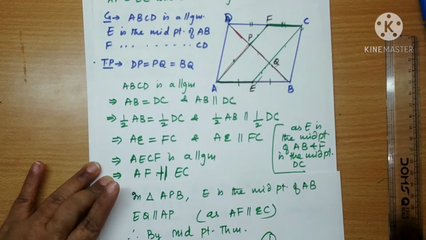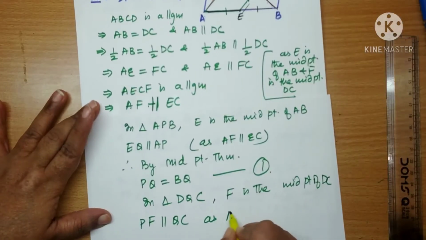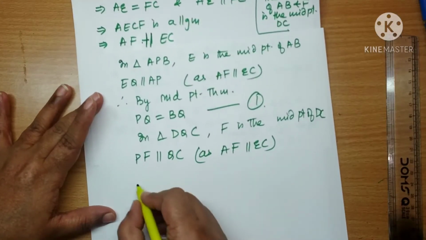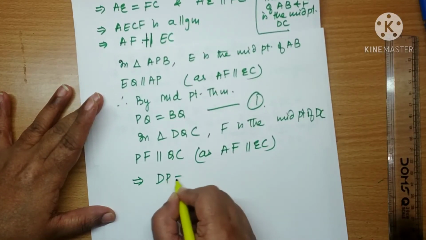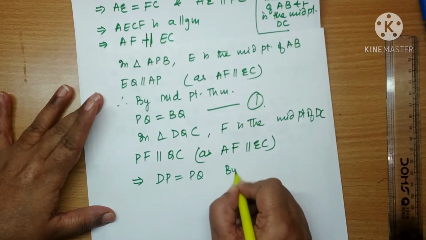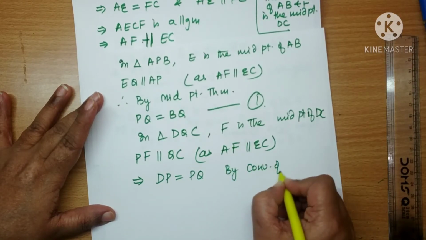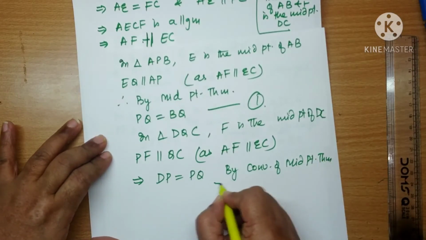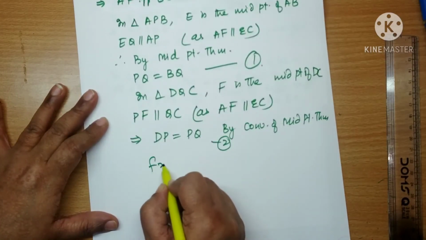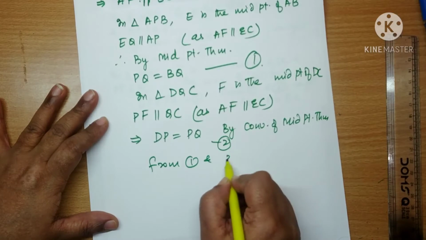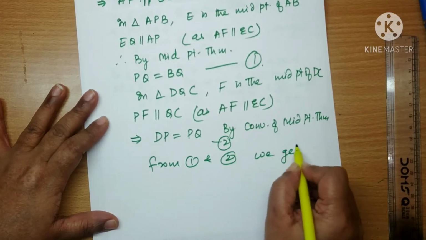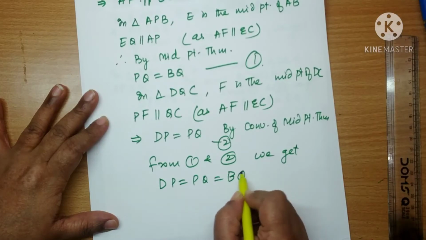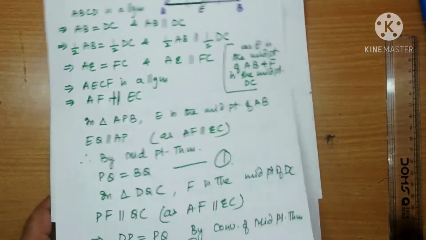PF is parallel to QC as AF is parallel to EC, so part of it will also be parallel. This implies DP is equal to PQ by converse of midpoint theorem. This is 2. From 1 and 2, we get DP equal to PQ equal to BQ. And this is what we were looking to prove.